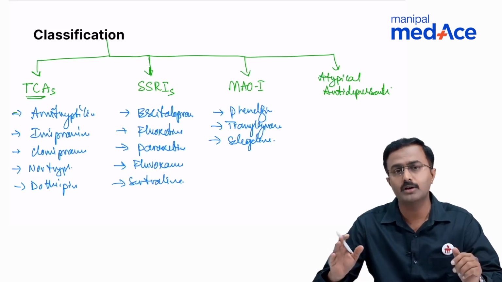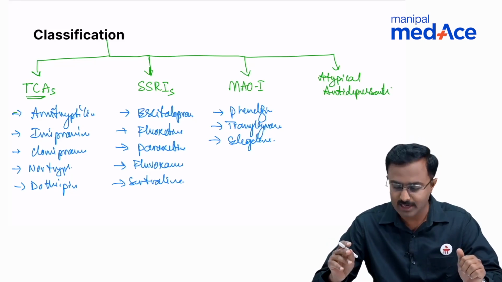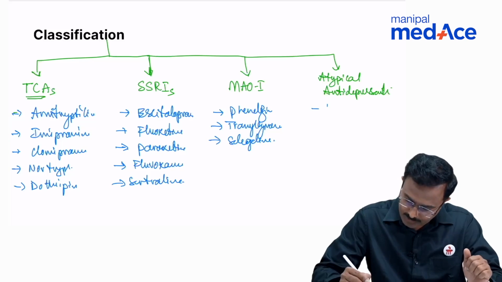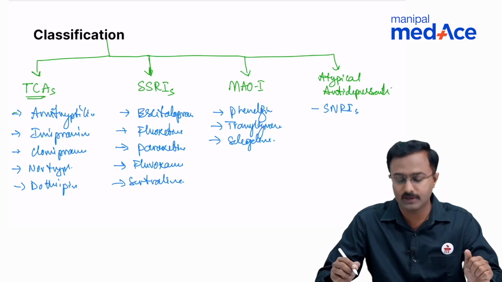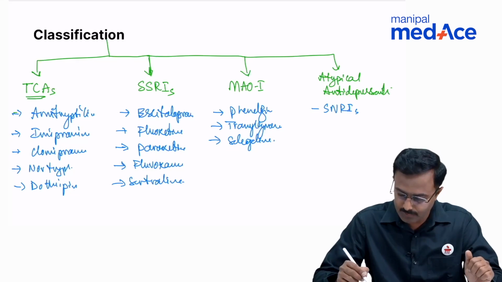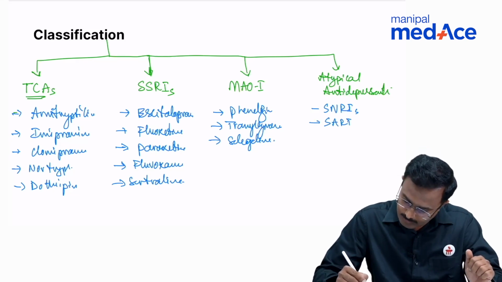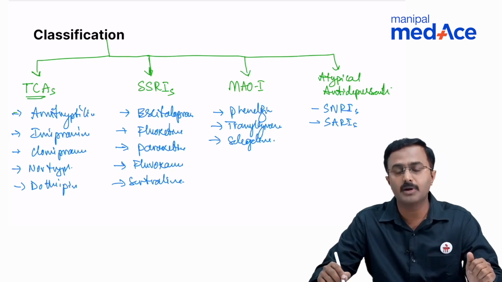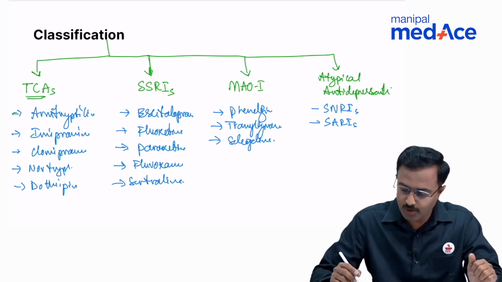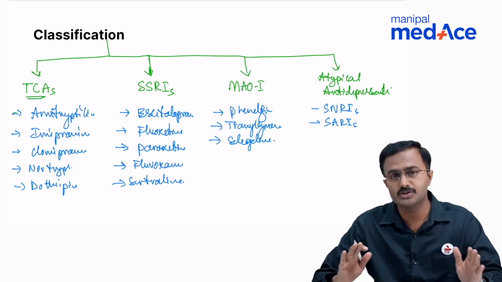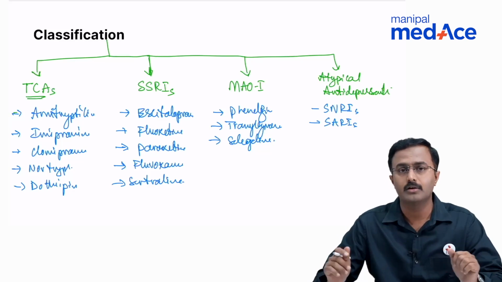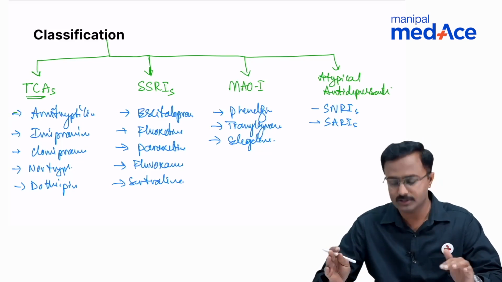Coming to the atypical antidepressants, here various permutations and combinations of these three monoamines, like serotonin, norepinephrine, and dopamine action, are seen. Some of the examples are SNRIs, selective norepinephrine reuptake inhibitors, or SARIs, or only a combination of dopamine and norepinephrine, or dopamine and serotonin.